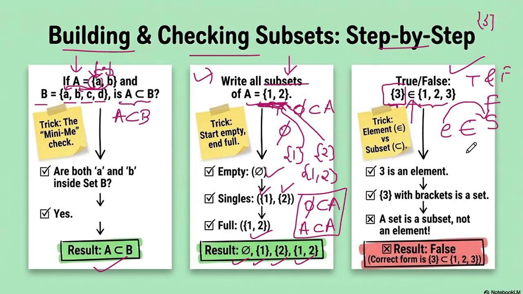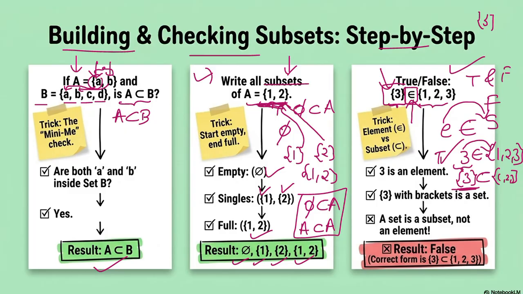If it is written like this, 3 belongs to the set {1, 2, 3}, then it is true. In this case it is correct, because 3 is an element, and an element belongs to the set. But if it is written as singleton set {3}, now it is not an element, now it is a set. So a set is a subset of the set {1, 2, 3}, not belongs to. So this statement is false, because here the sign is belongs to and here it is a set.